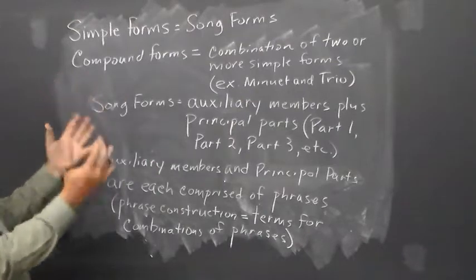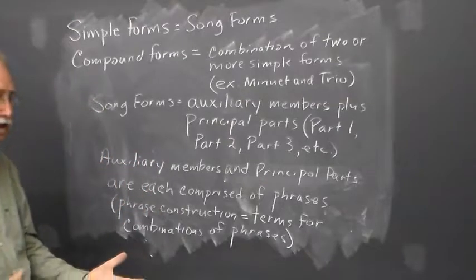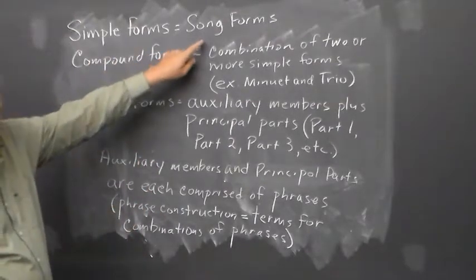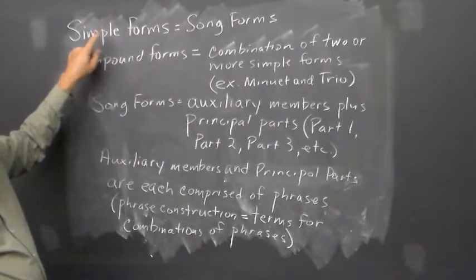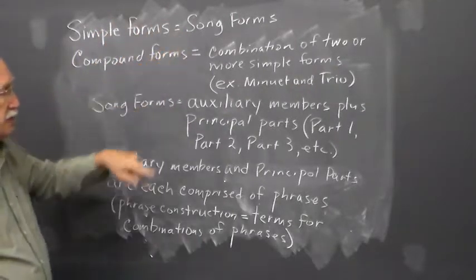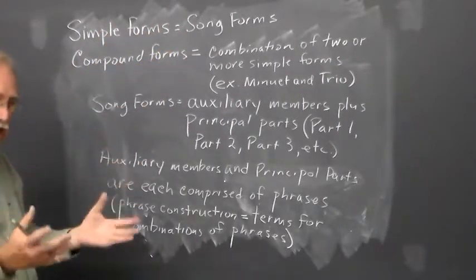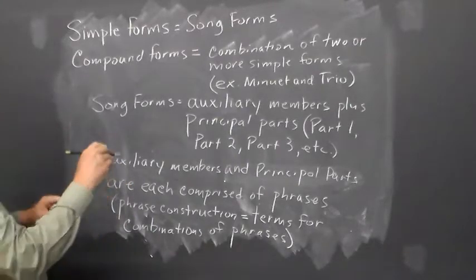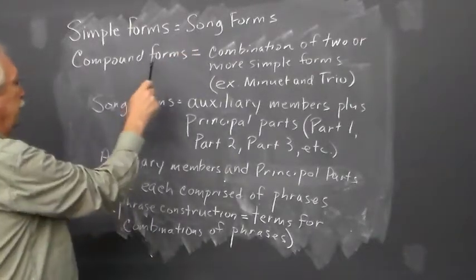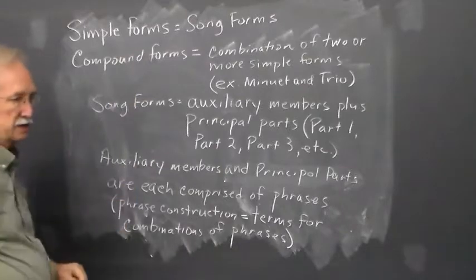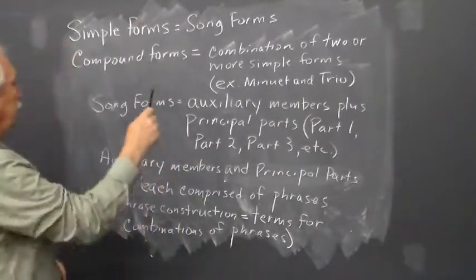So, the smallest forms in music are song forms, and they're an example of a simple form.